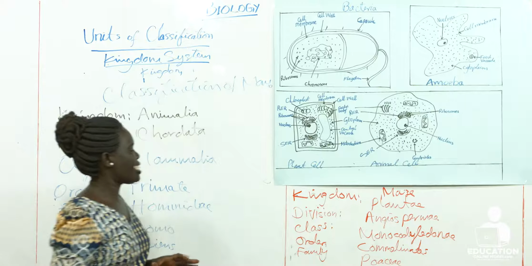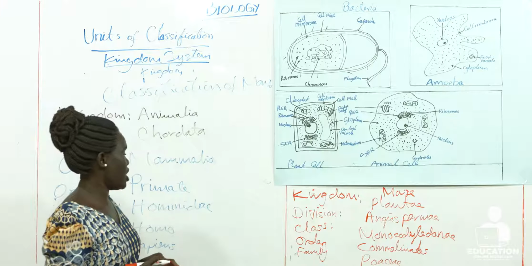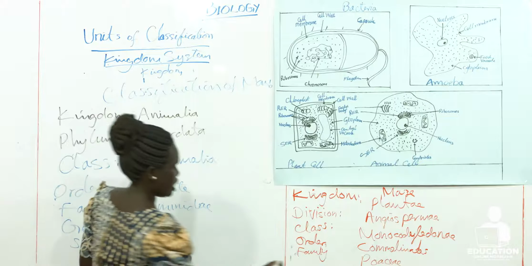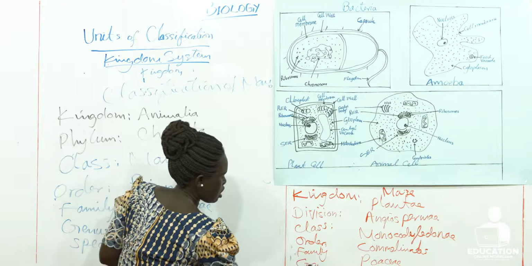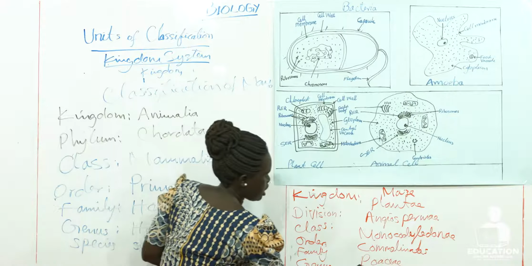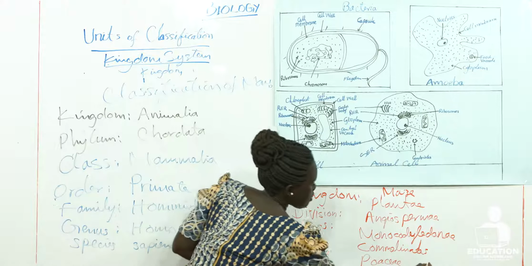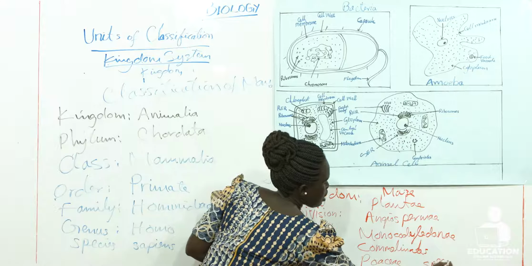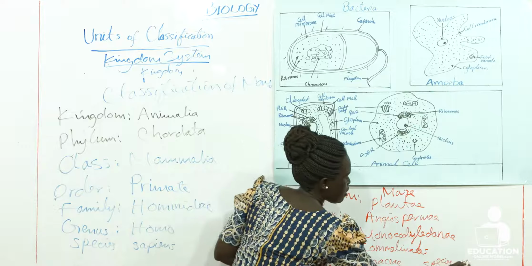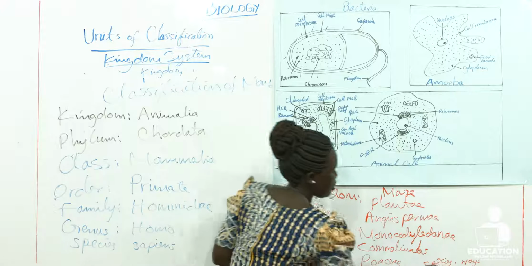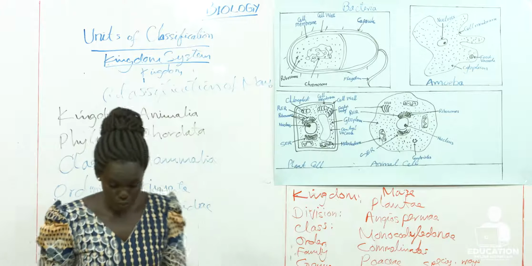That means cereal, grassy cereal. Then the genus is Zea. The species here is maize. So this is the classification.